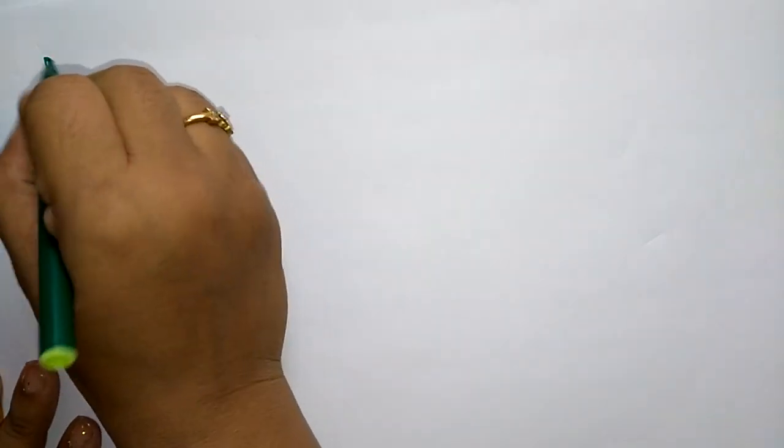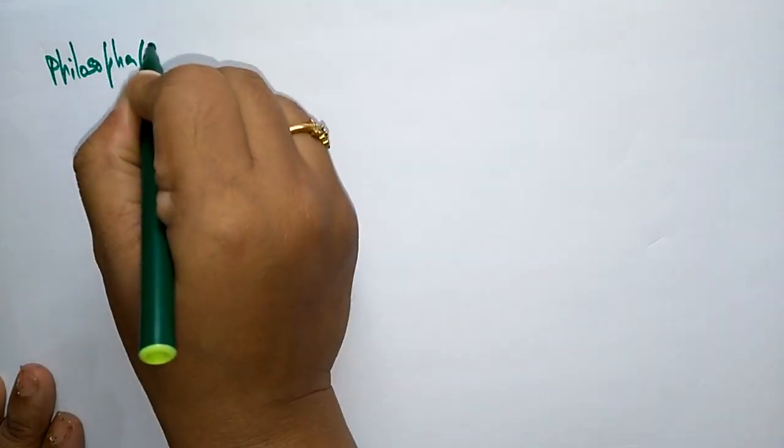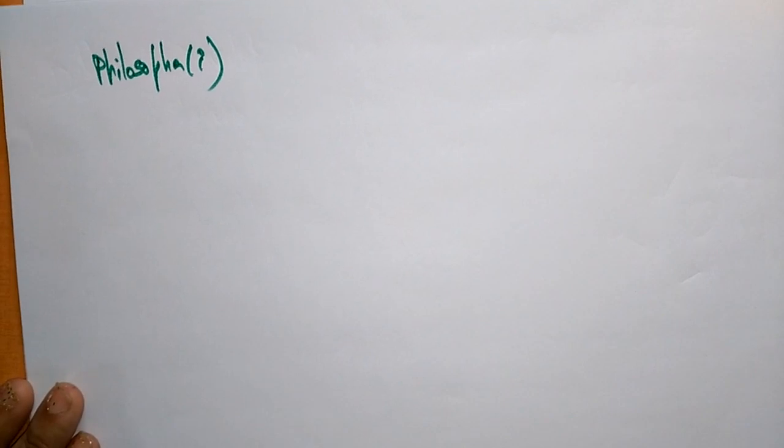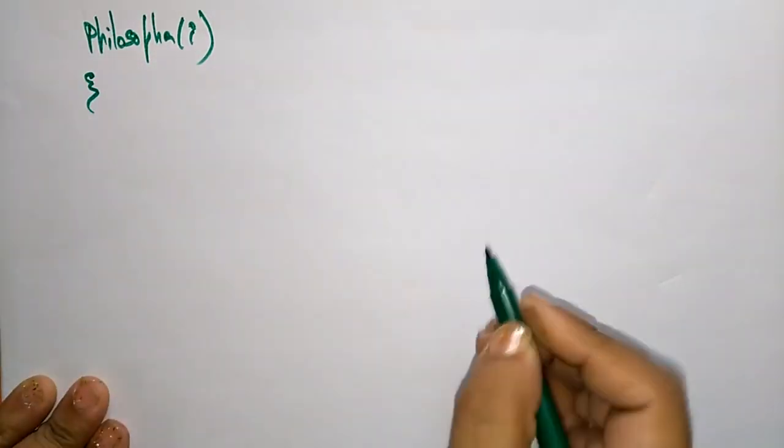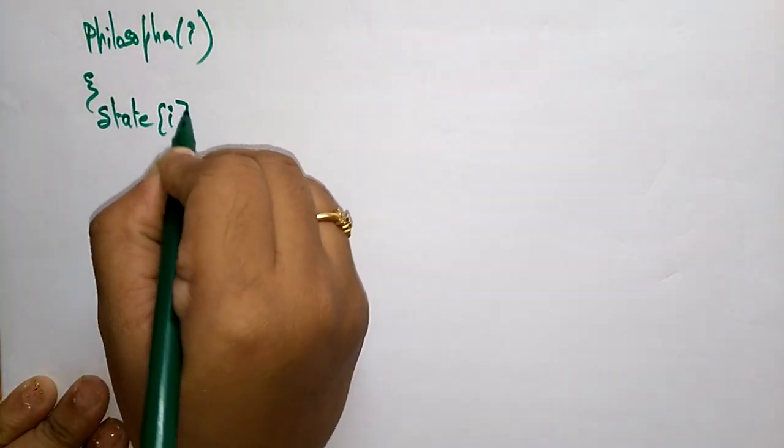I am taking the philosopher i. So this is the first philosopher I am taking here. So first I am writing the code. After that I will explain that state.